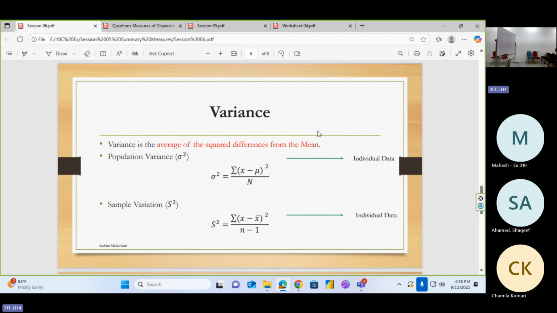Press the mode button, change the mode to the statistics mode. Mode button pressed twice. Then press number 1. Then enter the data: press 4, M plus. Number 5, M plus. Here, complete.